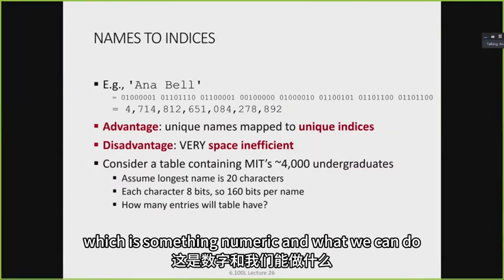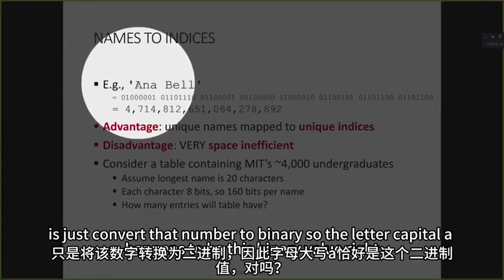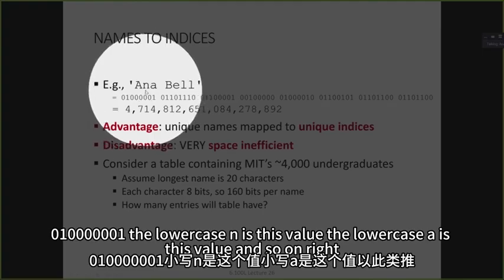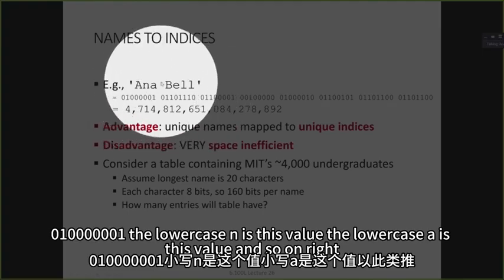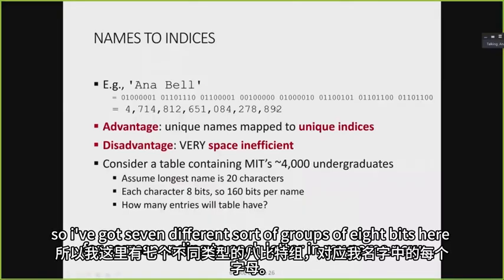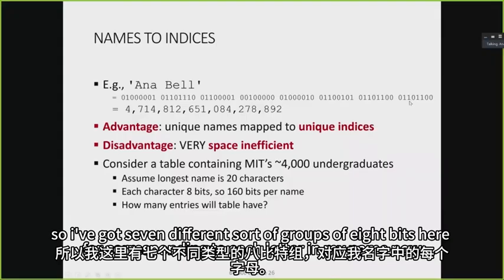And what we can do is just convert that number to binary. So the letter capital A happens to be this binary value, right? 0, 1, 0, 0, 0, 0, 0, 1. The lowercase n is this value, the lowercase a is this value, and so on, right? So I've got 7 different groups of 8 bits here corresponding to each letter in my name.